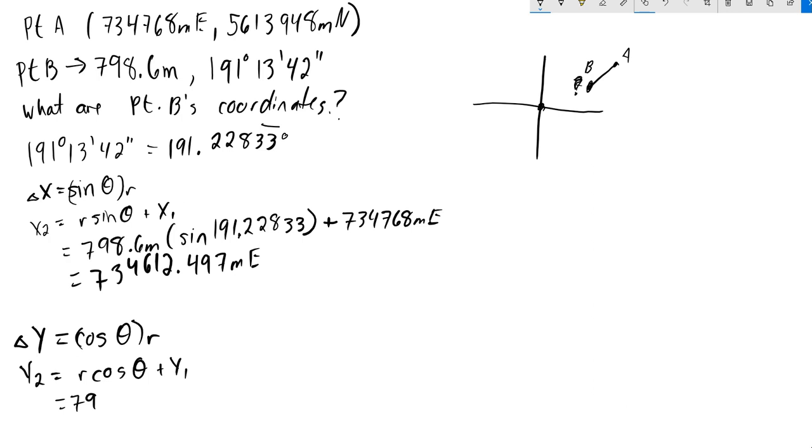And we do the same thing as we did before, except this time we get to use cos. I'll give you a moment to calculate that.